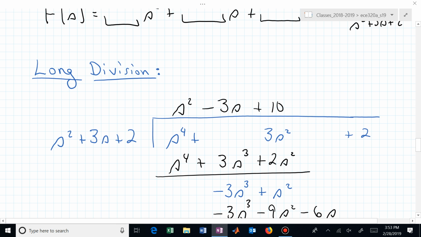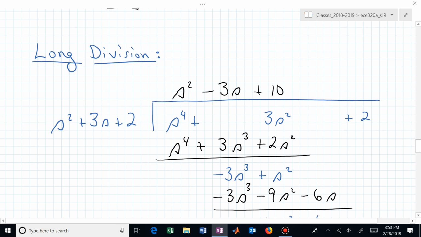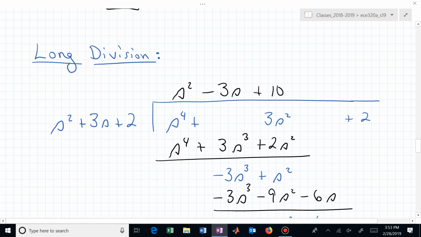My next step is then to say, is this remainder of an order less than my denominator's order? And it is not, so I have to keep dividing. The next step, I say, what do I need to multiply s squared by in order to produce minus 3s cubed?